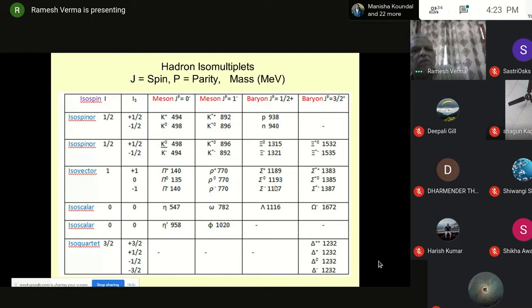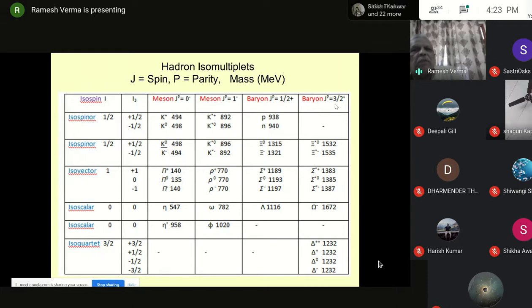And then we also have the isotriplet sigma with mass around 1193, 97, again quite good, which strengthens our faith in the isospin symmetry. Lambda comes out to be an isosinglet. If you count them, you have 8 here, also 8 here, and also 8 here.